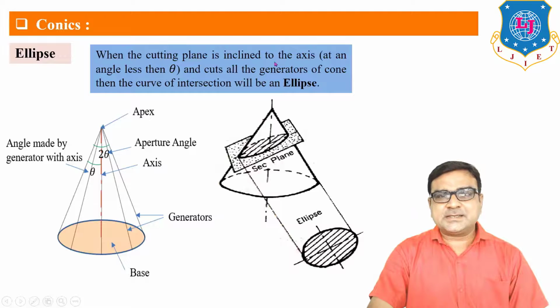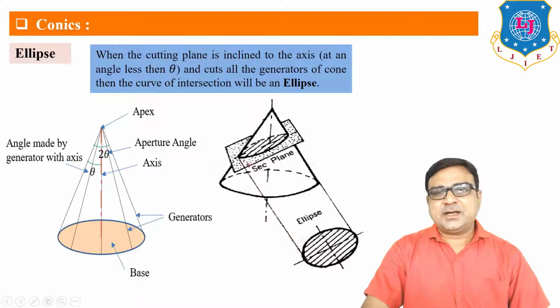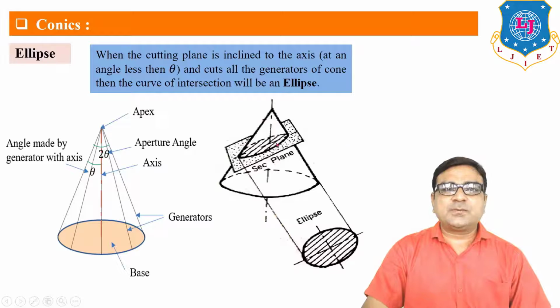When the cutting plane is inclined to the axis at an angle and it cuts all the generators of the cone, then the curve of intersection will be an ellipse. Here the cutting plane is inclined to the axis and its angle is less than theta, so the true shape of section obtained is an ellipse.